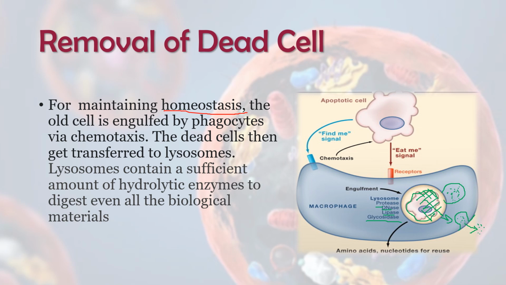So we can say that for maintaining homeostasis, the old cell is engulfed by phagocytes via chemotaxis. The dead cell is then transferred to the lysosomes, which contain sufficient hydrolytic enzymes, that is protease, DNase, lipase, glycosidase, which digest all the biological material of a cell.